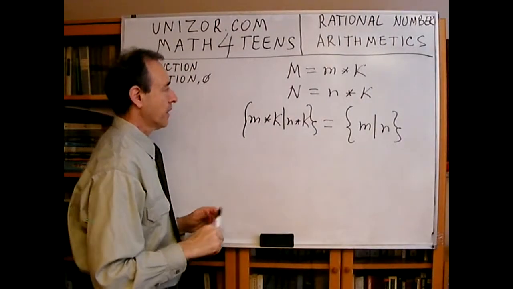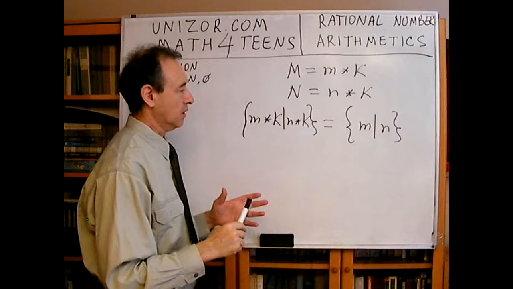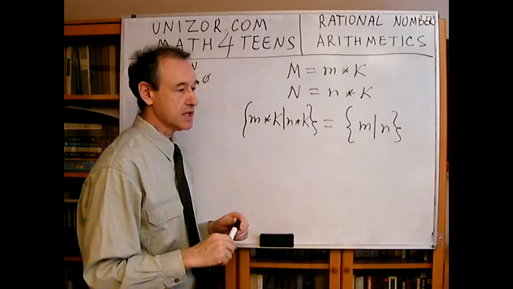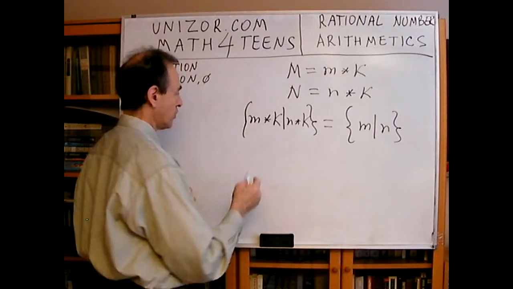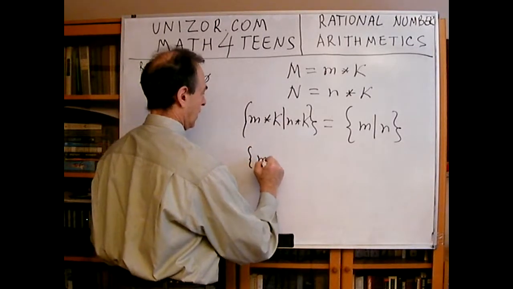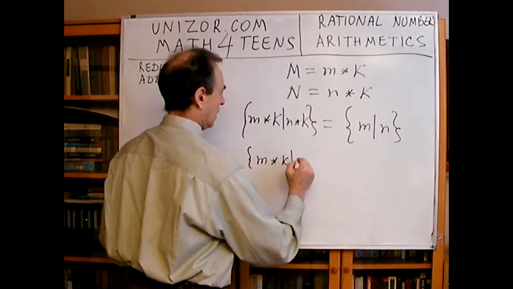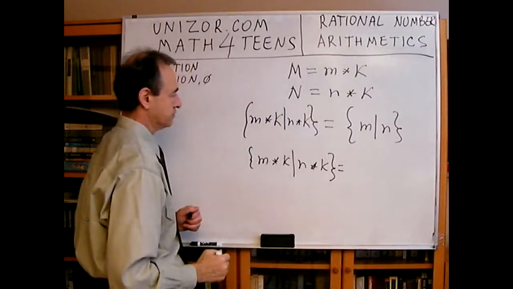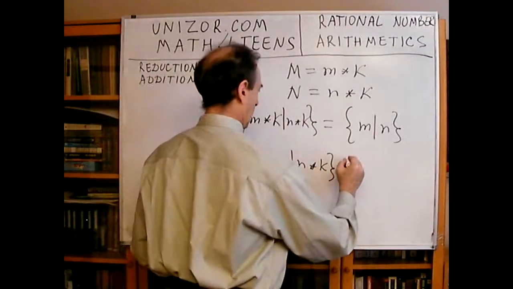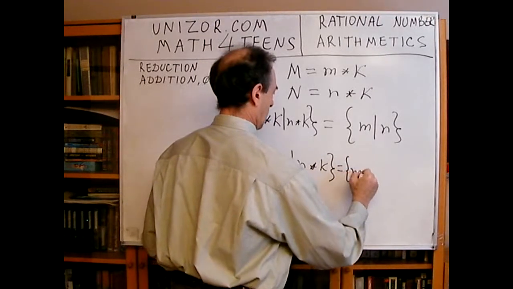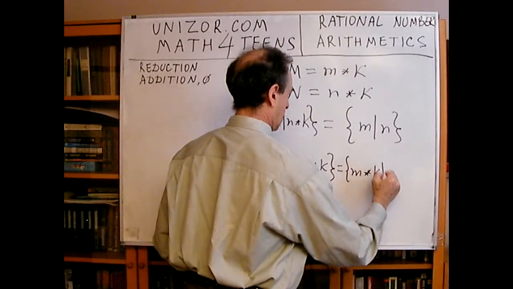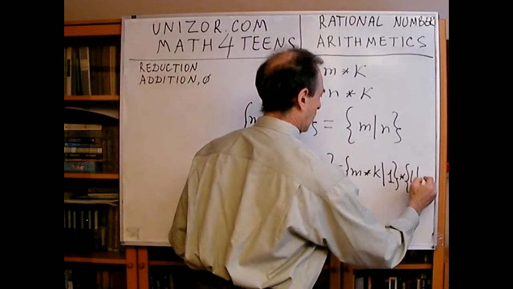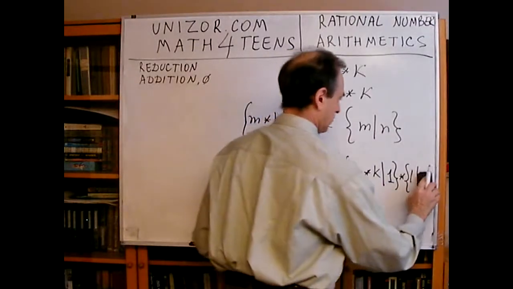Well, very easily. As we know, the operation of multiplication among these rational strings was defined in such a way that mk over nk equals mk over 1 times 1 over nk.